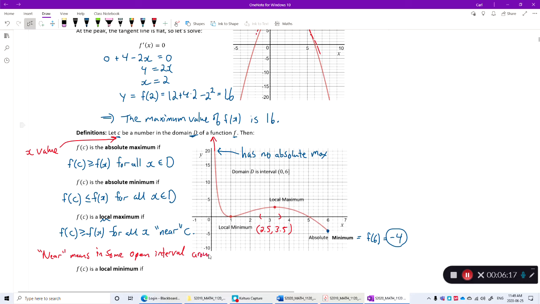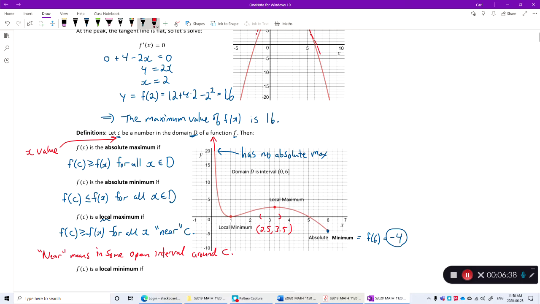Around C. Now, we can't be very specific there because the interval might be very narrow or it might be wide. As long as there's some interval where that C gives you a maximum for that interval, then it's called a local max.